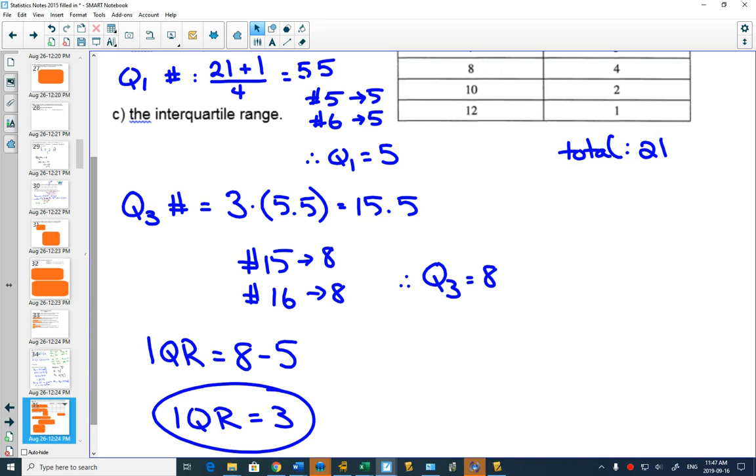So the first thing I did was add it up to find out there was 21 in total. Remember how to read a group frequency table? The first value is the value, and then the second number is how many you have of that value.